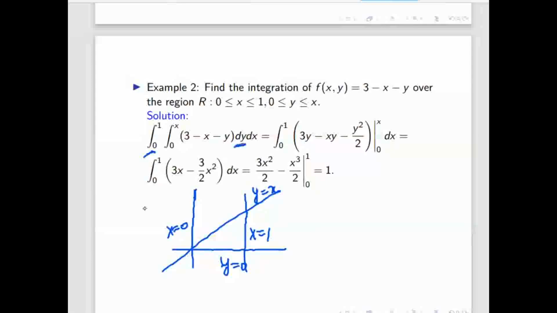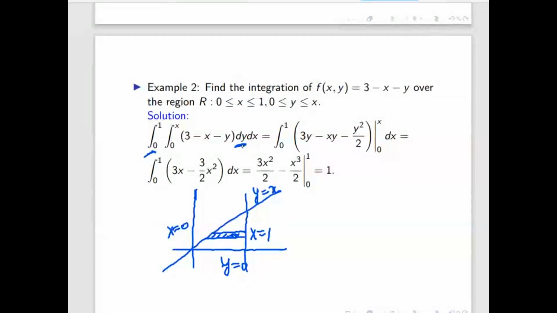So here it is y. Which strip will you take now, horizontal or vertical? We will take horizontal because it is dy dx and we need dx dy. So we need horizontal because we need x first. So this is the strip.